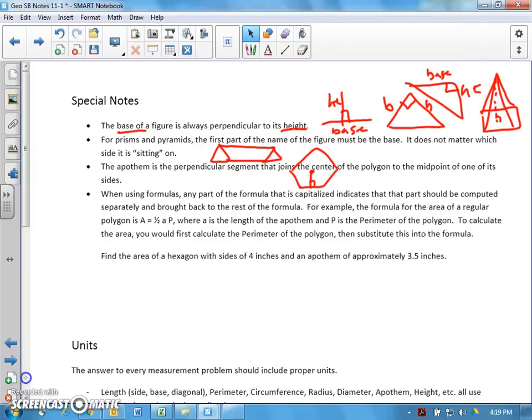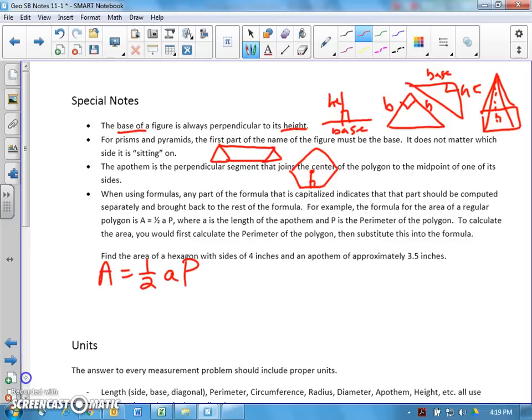So let's go through this example here. It says to find the area of a hexagon with sides of 4 inches and an apothem of approximately 3.5 inches. So you're going to look up the formula for the area of a hexagon, and you're going to see it says 1/2 lowercase a capital P. So I have a capital P, so I'm going to come off to the side and calculate that. P is the perimeter of my hexagon. Hexagon has 6 sides.